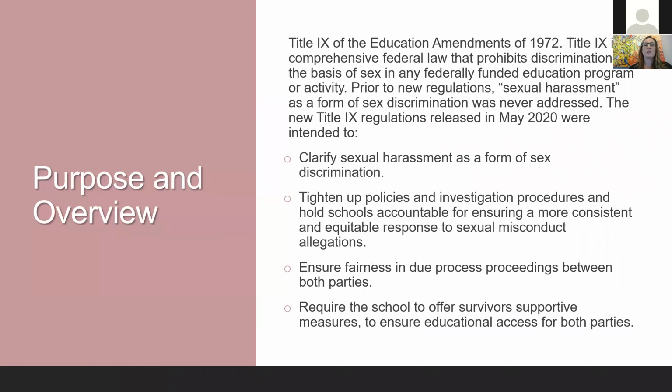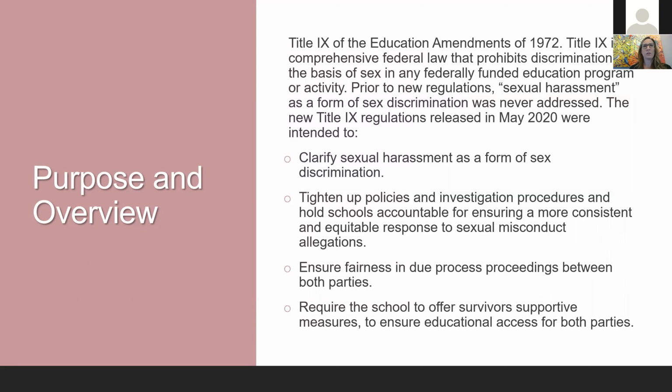So here is the purpose and overview of Title IX and of the regulations. It's the Education Amendments Act of 1972. It's a comprehensive federal law that prohibits discrimination on the basis of sex in any federally funded education program or activity. Part of the reason they revised the regulations is that sexual harassment was never explicitly addressed as part of Title IX. So these new regulations were intended to clarify sexual harassment as a form of discrimination, what sexual harassment means, and to also tighten up policies.